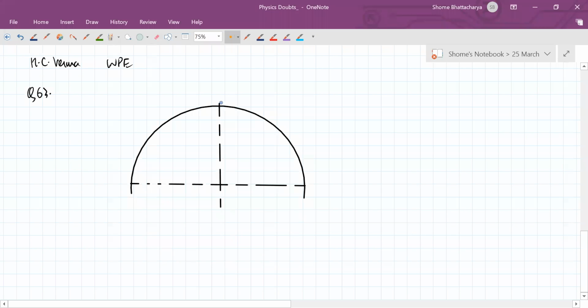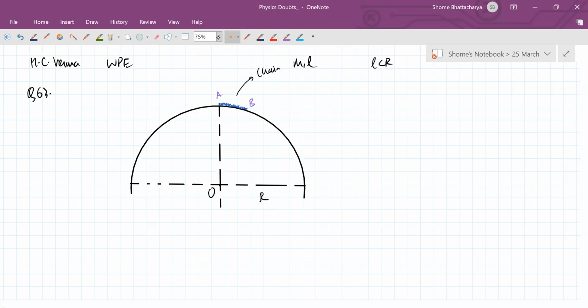Now there is this chain which is lying over here, let's say, from the point A to B. So this is a chain of mass m and length L. L is less than R. With respect to this origin, first we have to find the gravitational potential energy.